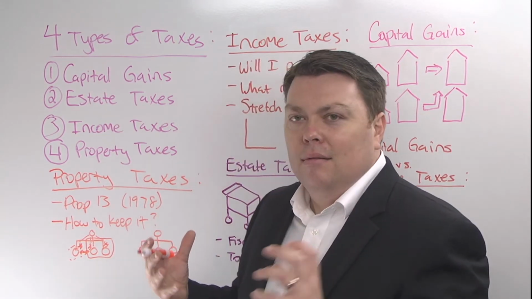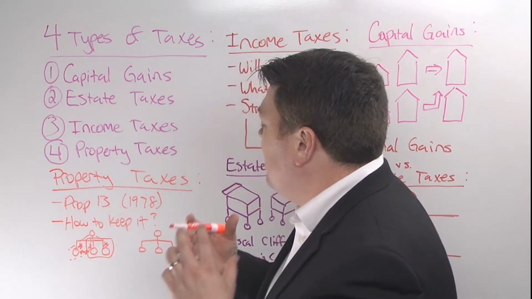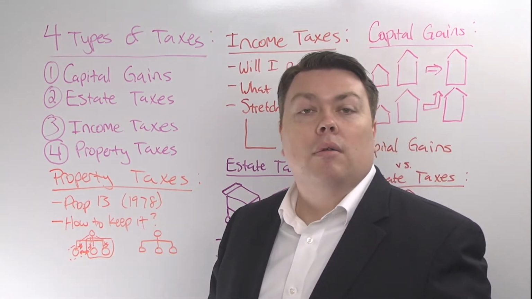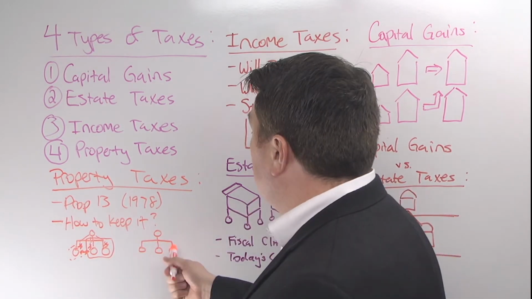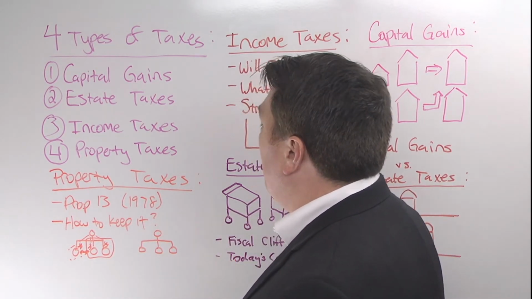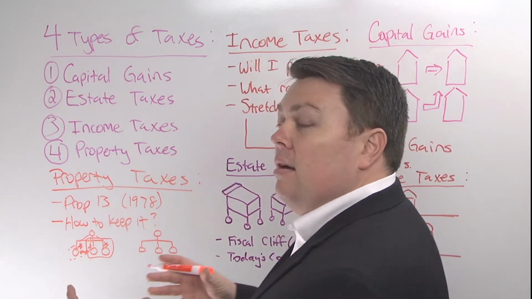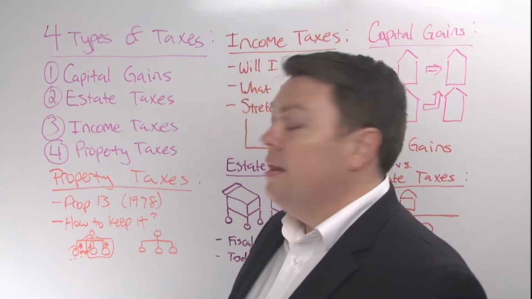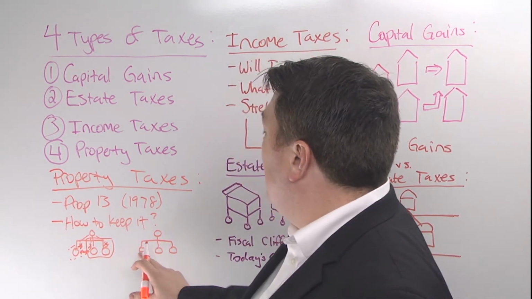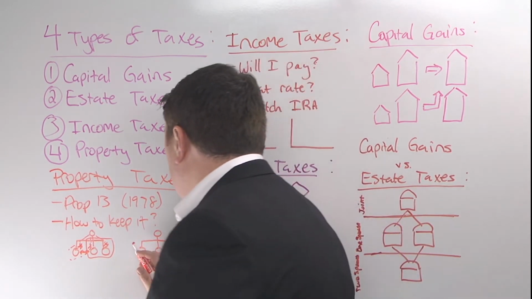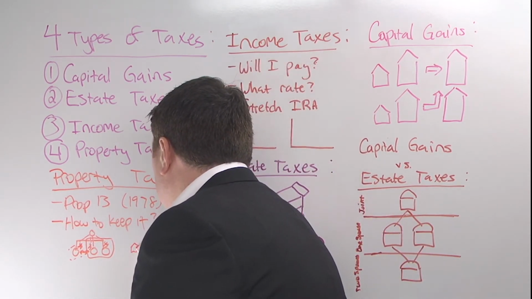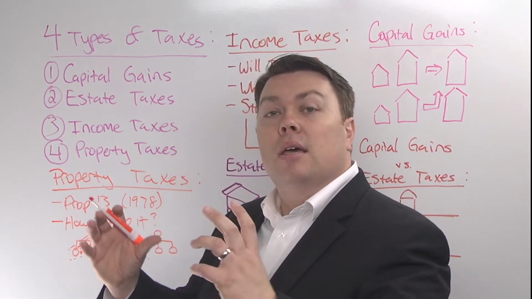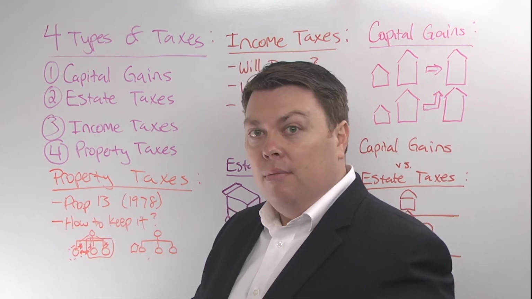Now let's plan differently and find a different way to pass that property. Instead of passing all property in 1/3 portions, we say that all of my property is going to be valued when I pass away. Let's say that these two children just want to receive cash payouts, and this child wants to receive the home. We can give that person the home, and then we can redistribute the other assets. It doesn't have to be an equal distribution of each property.